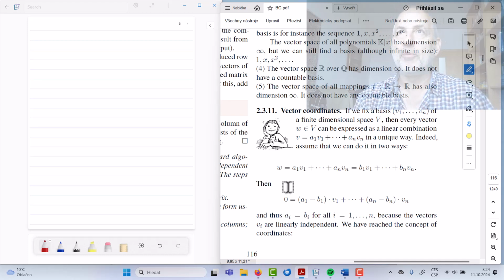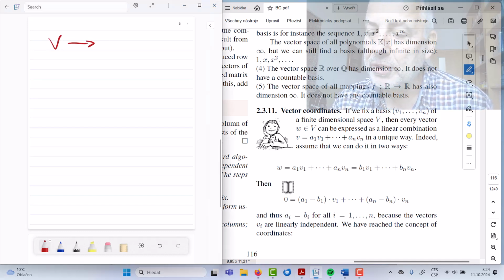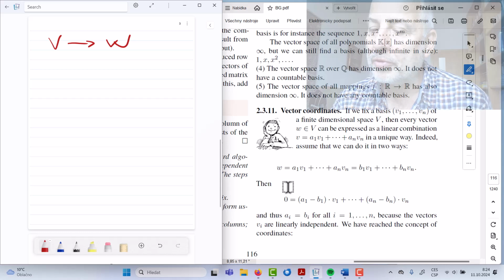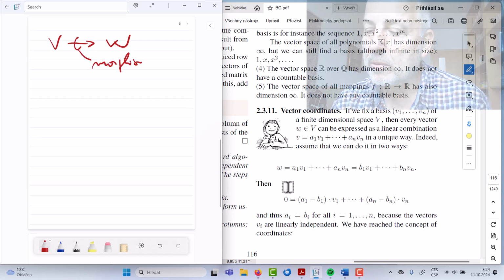If you deal with some concepts, you get much more information about the objects you are looking at by knowing how the morphisms which preserve the important structures look. In our case, if we have two vector spaces, what will be our morphisms? It's from Old Greek, something which preserves the shapes. Morphisms.